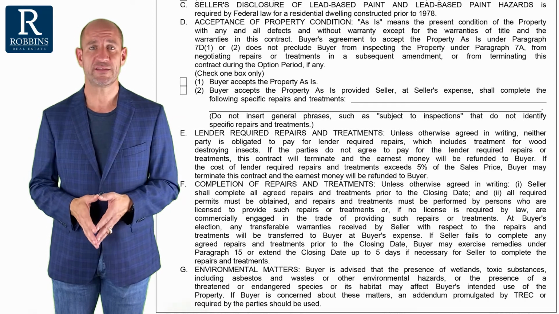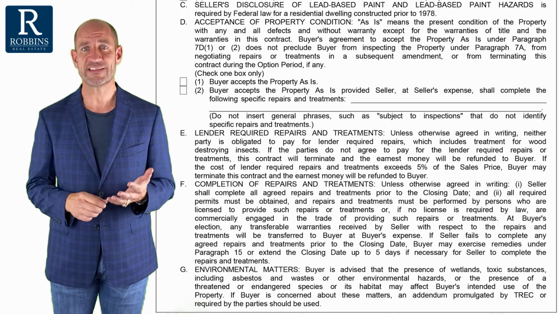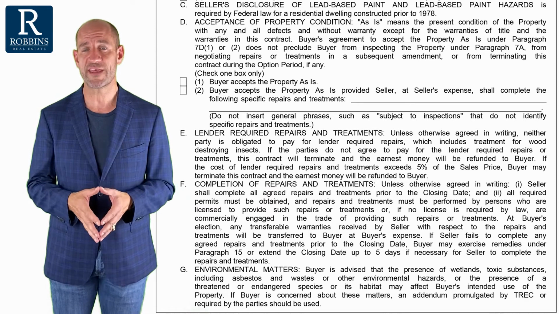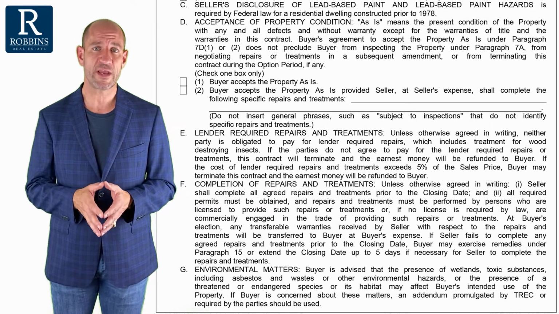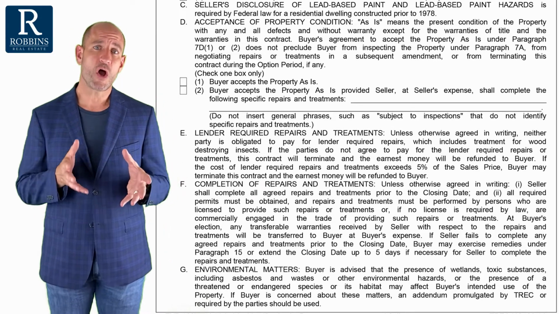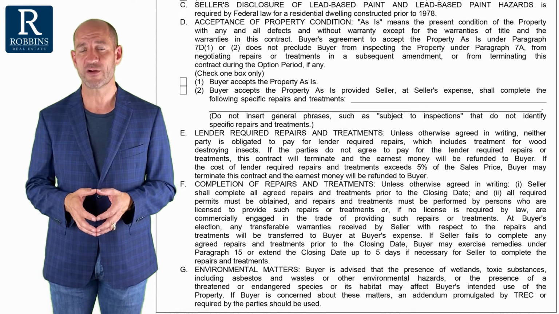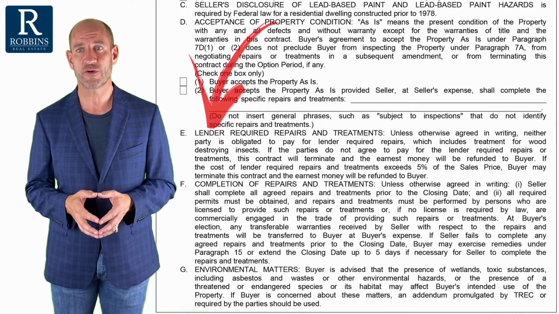For example, anything to do with roof, plumbing, foundation, electrical, HVAC, certain appliances, mold, termite, those are the sorts of things that you can expect a buyer to ask for consideration or repairs if they find these items. There are also additional protections in the contract for the buyer if the property has repairs that are required by the lender.